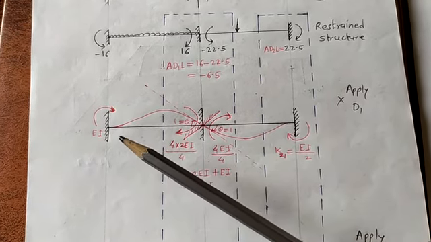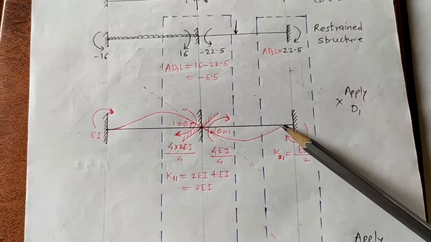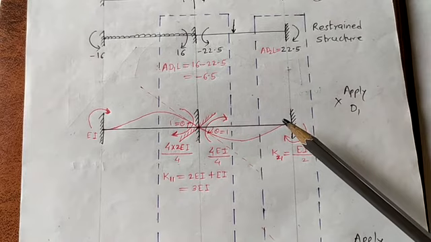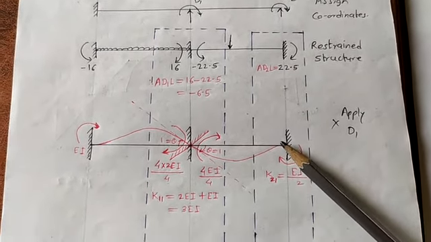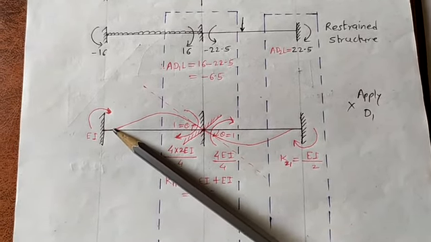In red color I have shown the deflected shape. A and C are fixed ends. At a fixed end the slope will be equal to 0.